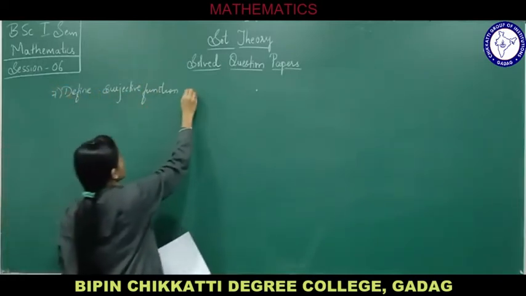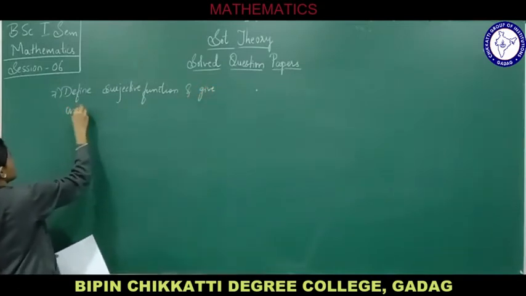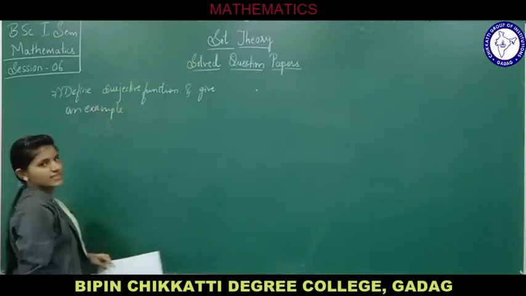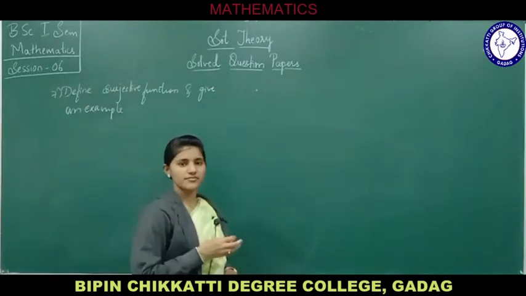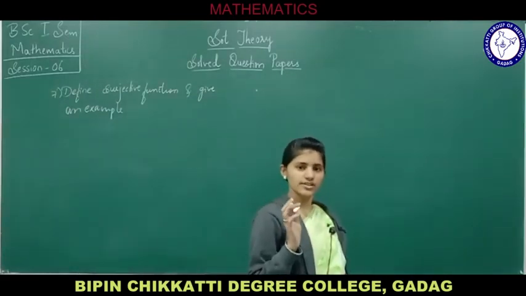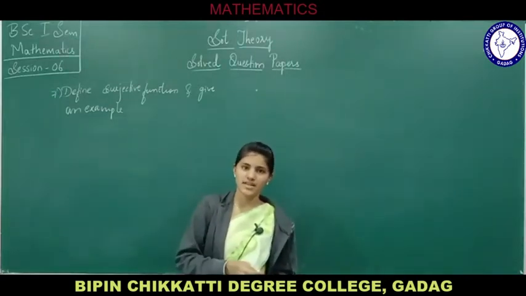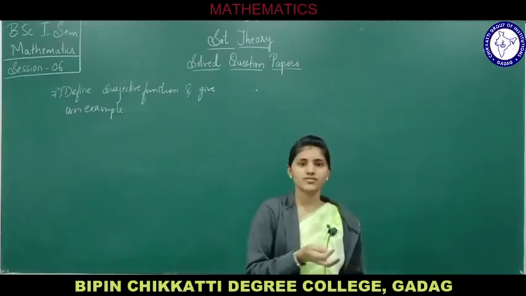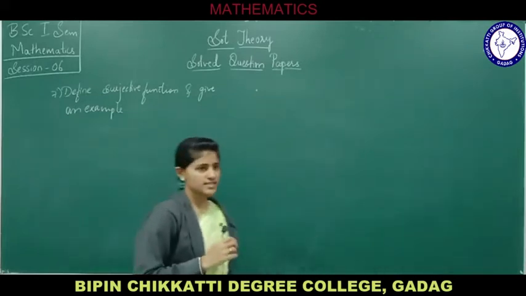Surjective is nothing but onto, right? Let f be a function from X to Y in such a way that every y belonging to Y should have a pre-image. Then we say that the function is onto from X to Y. Onto is nothing but surjective.